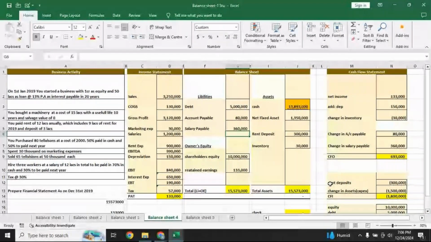Nidhi. Agnes. Present, ma'am. Jarita. Present, ma'am. Ananya. Shreya.